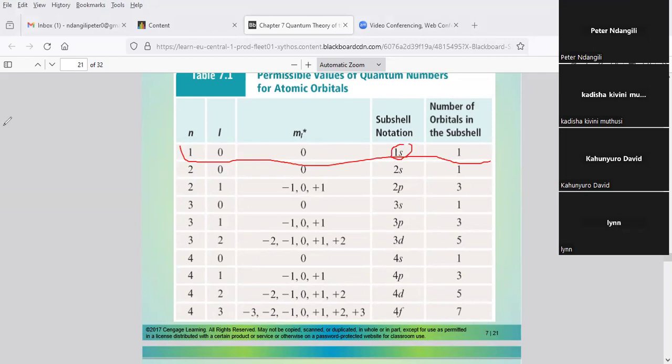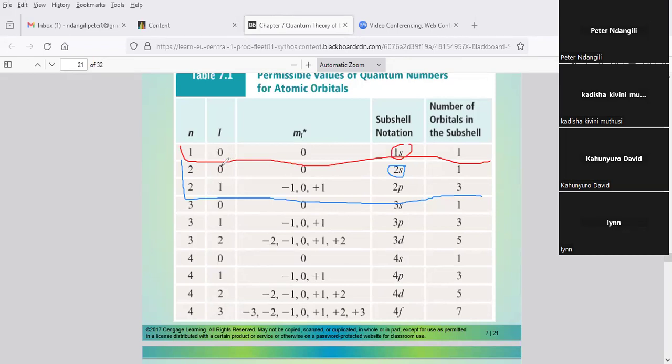When N is equal to 2, we have these two possibilities. When N is equal to 2, we can get L value equal to 0. When the L value is equal to 0, the ML value is going to be equal to 0. And that is a 2s orbital. It is a 2s orbital because the principal quantum number is 2 and the L value is 0.